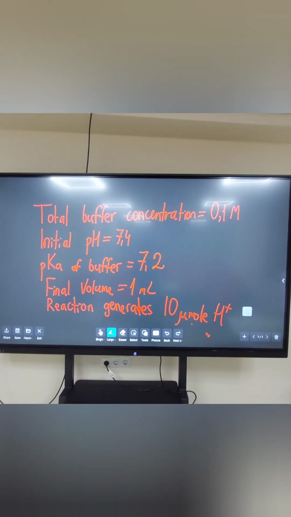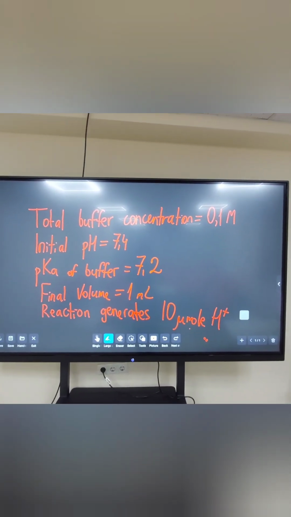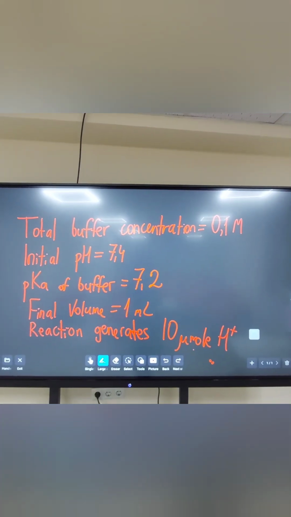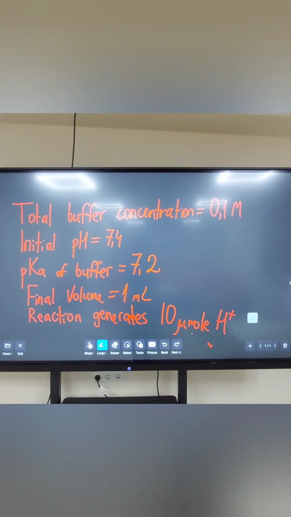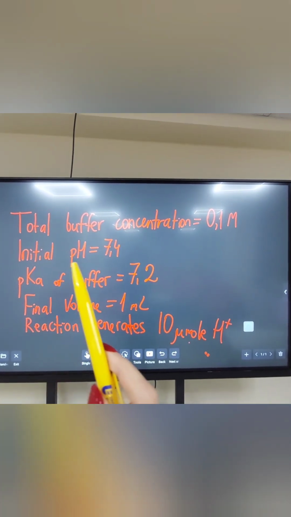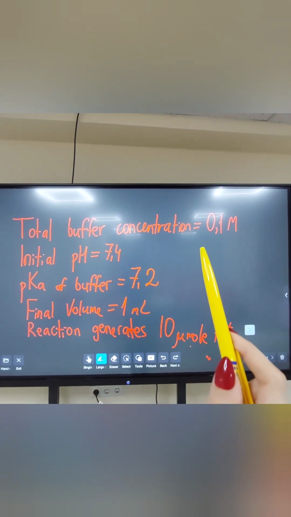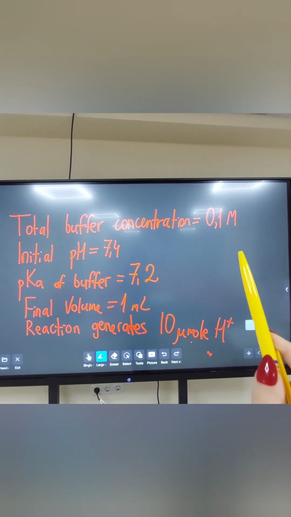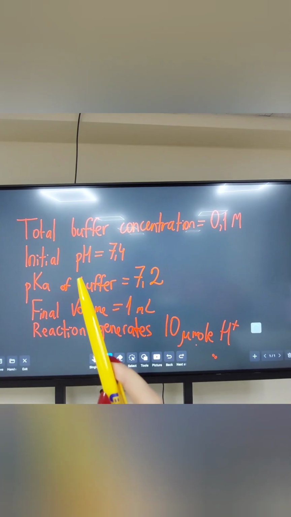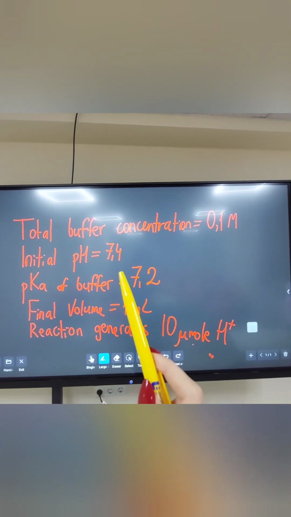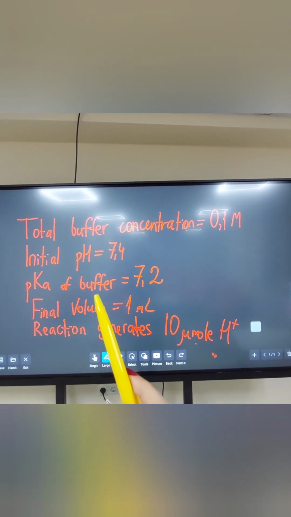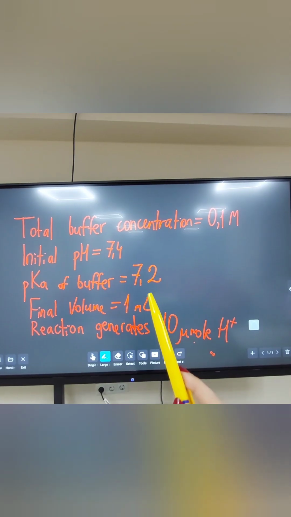So here I stated again the values that are given in the case. There was the total buffer concentration of 0.1 mole. Initial pH was 7.4. pKa of the buffer was 7.2.